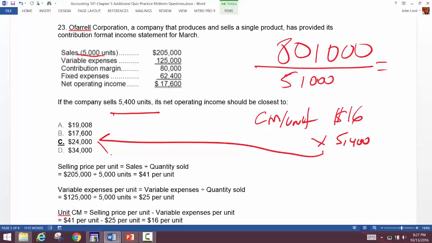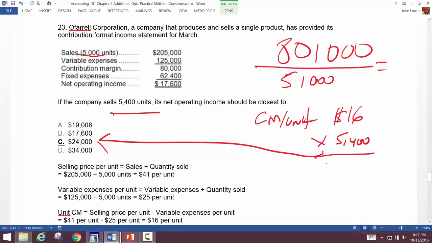They are now going to sell 5,400 units. Gives me 86,400. Oh, I see what I did wrong. Yeah. And then what? So I have the 86,400.